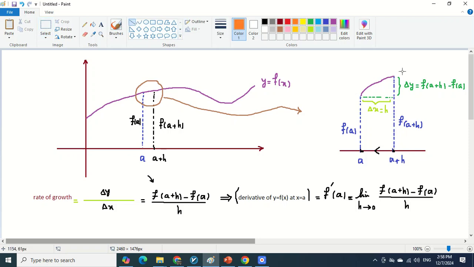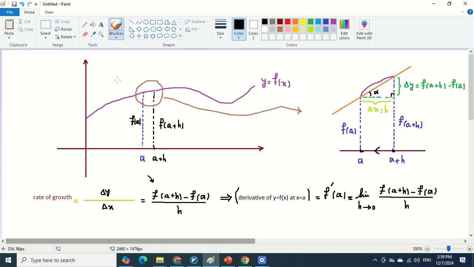For instance, if I connect these two points together, I can construct a right triangle. And if I consider this angle as alpha, then delta y over delta x, as you remember, determines the tangent of alpha.